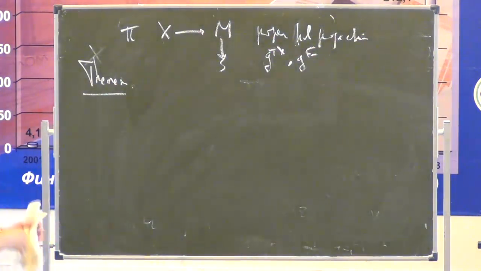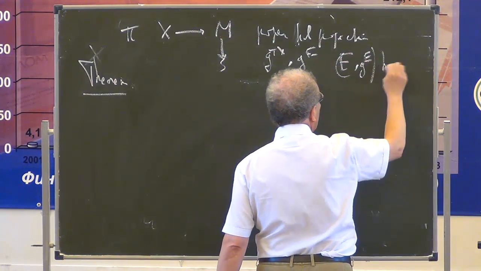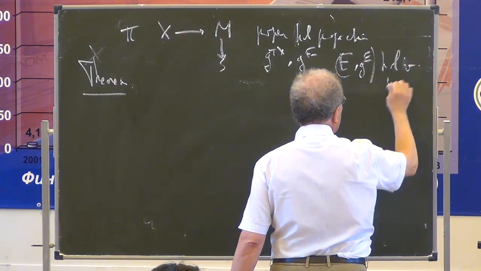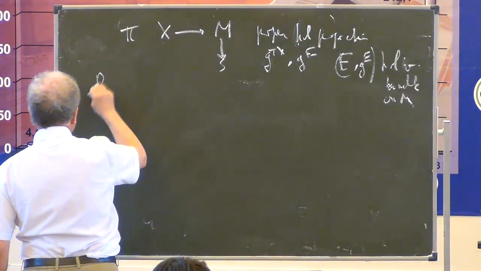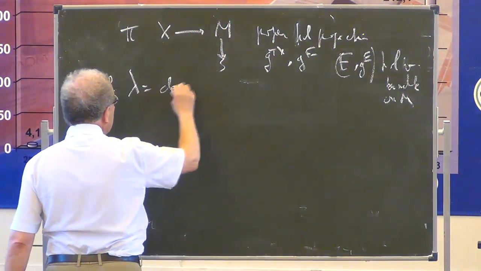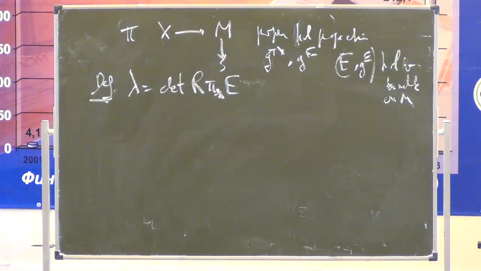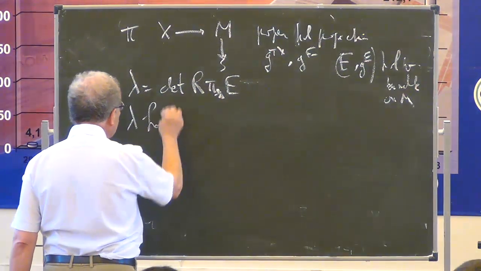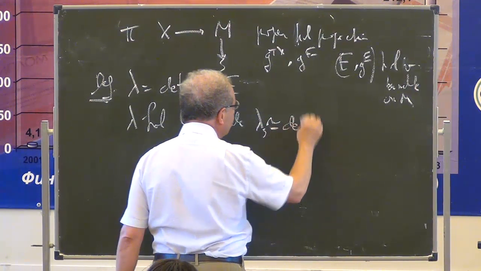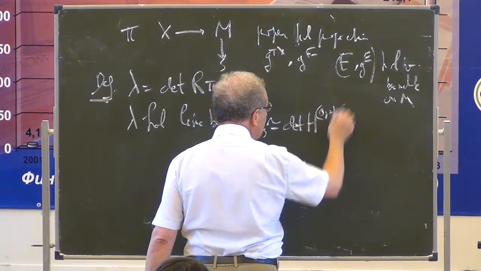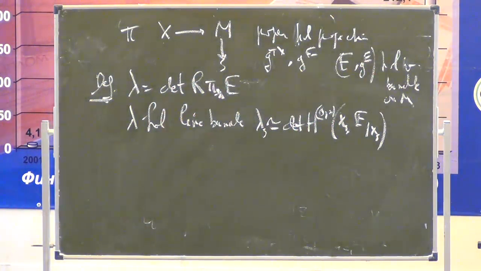So I have actually, for instance, in this case, E, GE is a holomorphic vector bundle on M. So maybe before stating a theorem, let me define lambda to be the determinant of the direct image of E. So this is actually a holomorphic line bundle whose fibers are canonically identified to the determinant of the cohomology of XS with coefficients in the restriction of the vector bundle E to the fiber XS.